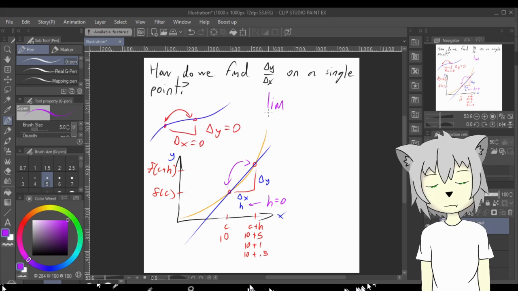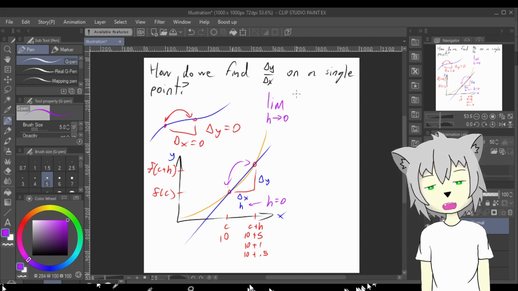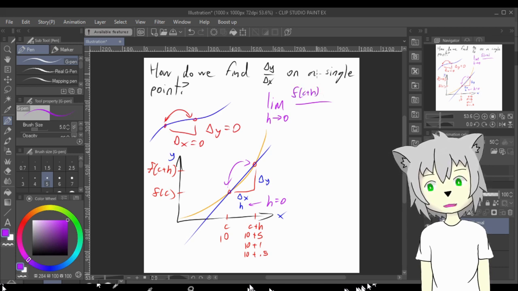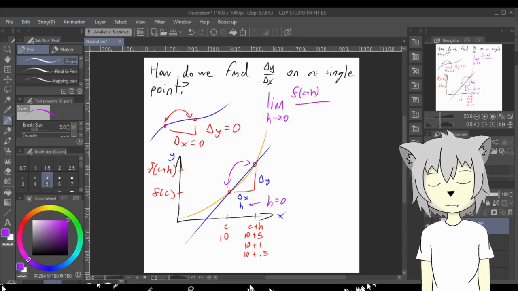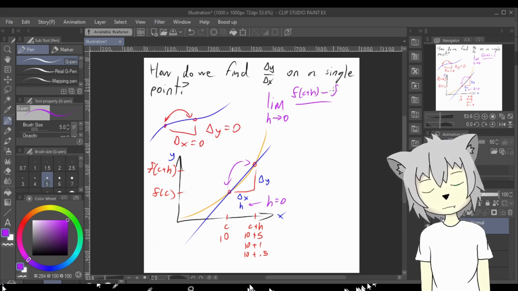But basically, we're finding the slope between these 2 points, the change of y and change of x. If we had to define it, we're trying to find the slope as h approaches 0. So we're trying to find f of c plus h minus f of c.